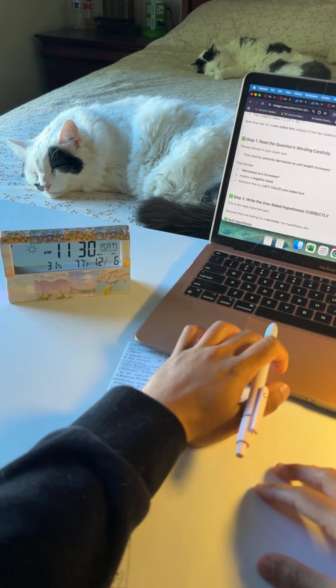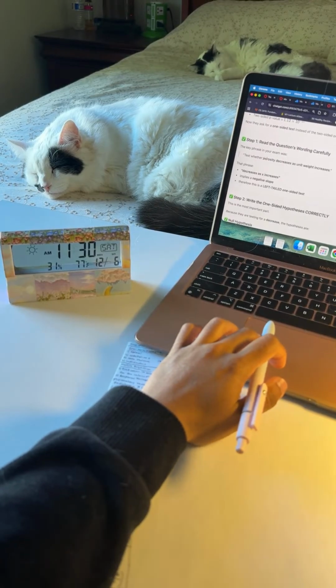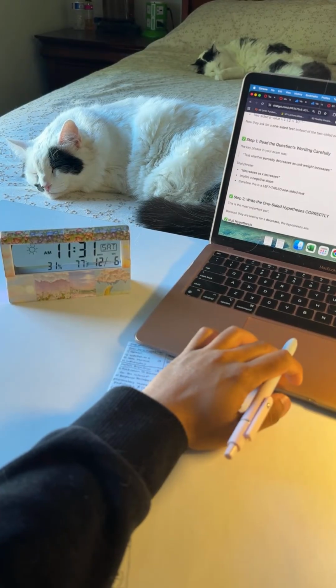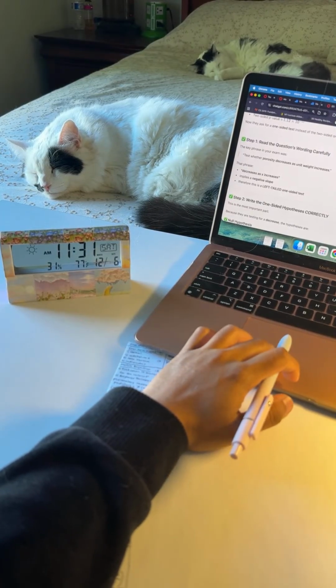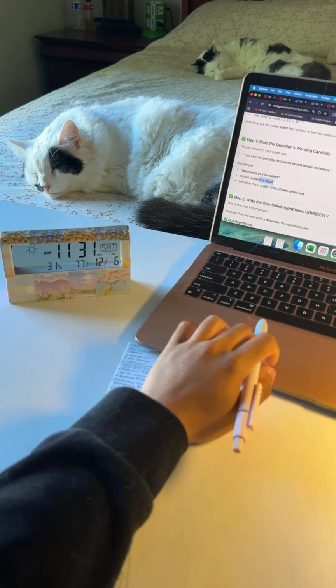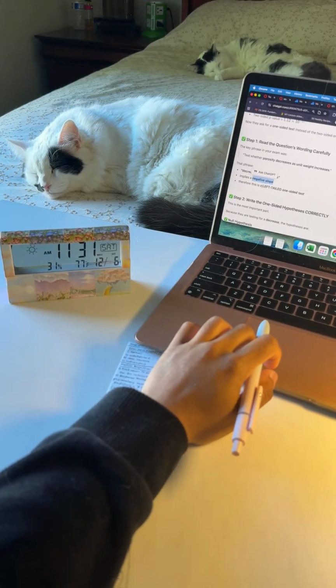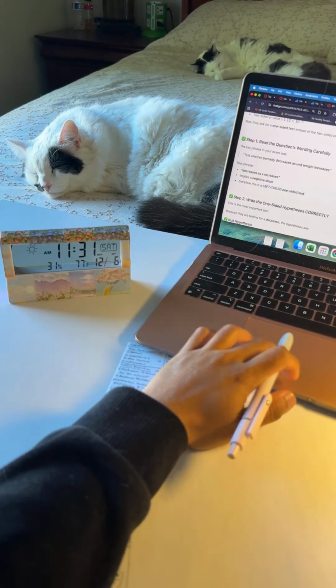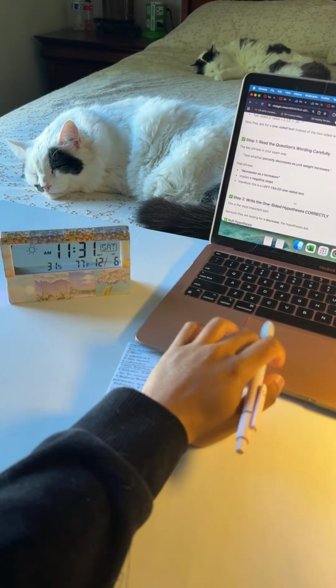Step 1, read the question's wording carefully. The key phrase in your exam was test whether porosity decreases as unit weight increases. Wait, did it say that? Okay. The phrase decreases as x increases implies a negative slope. Therefore, it's a left-tailed one-sided test. Well, I could tell that just by the sign here, it's pointed towards the left.